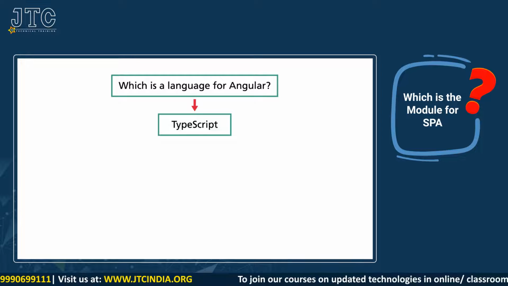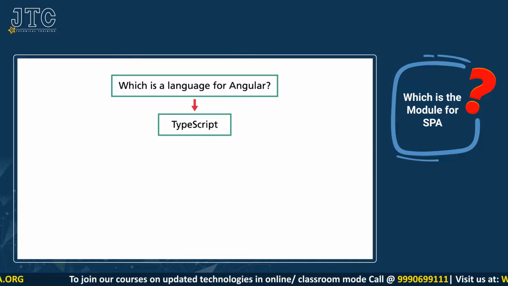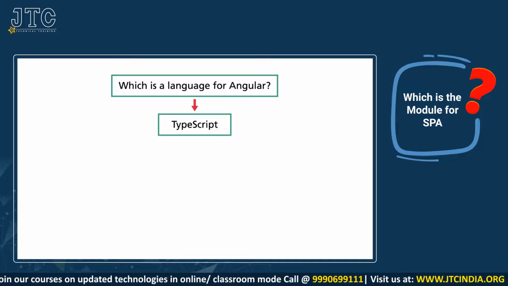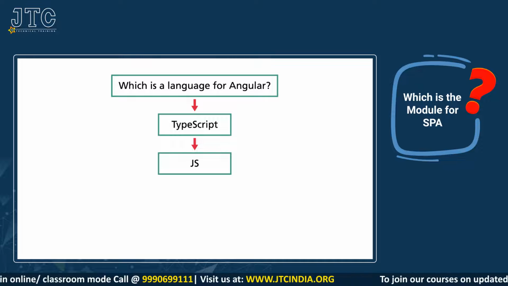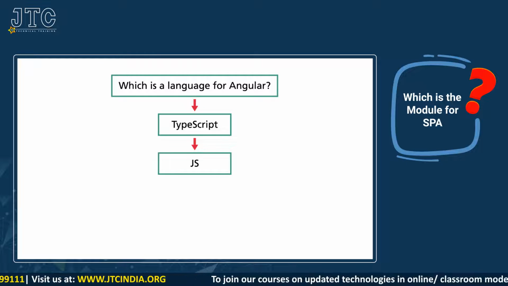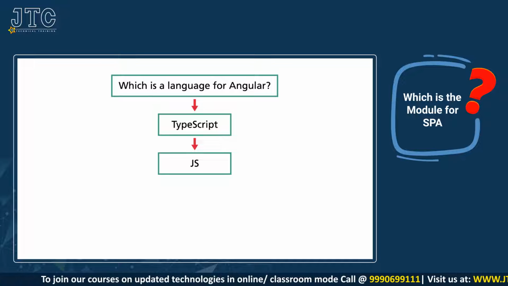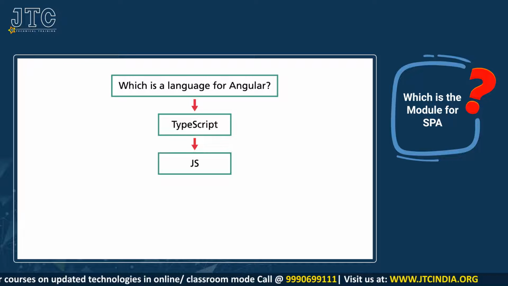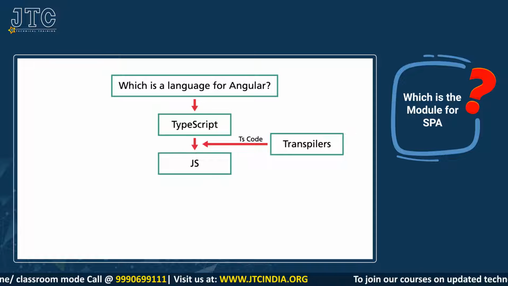Compilation is when you compile from one language to another, when you change the syntactical stuff from one language to another. So whenever we are moving from TypeScript to a JS file, it is called a transpiler. So when we are creating this application using ng new, we have an inbuilt transpiler which transpiles the entire TS code into JavaScript.